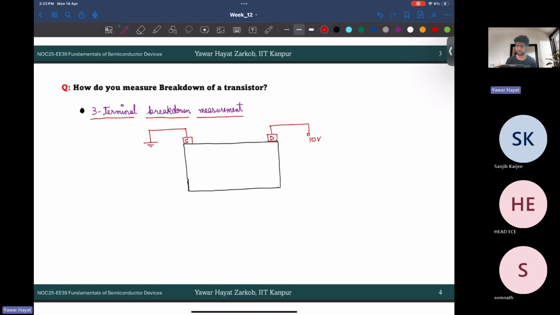This is grounded. This is the gate, and then you have the barrier.